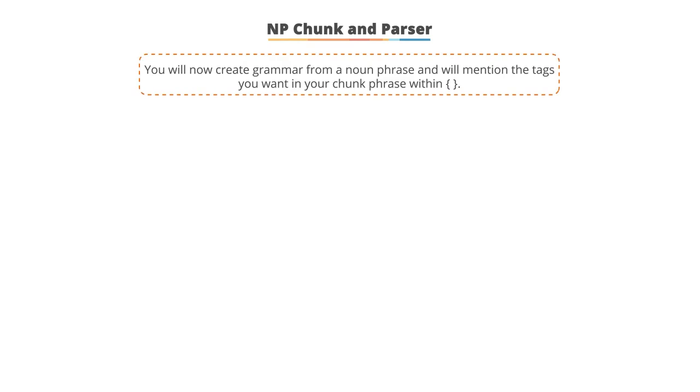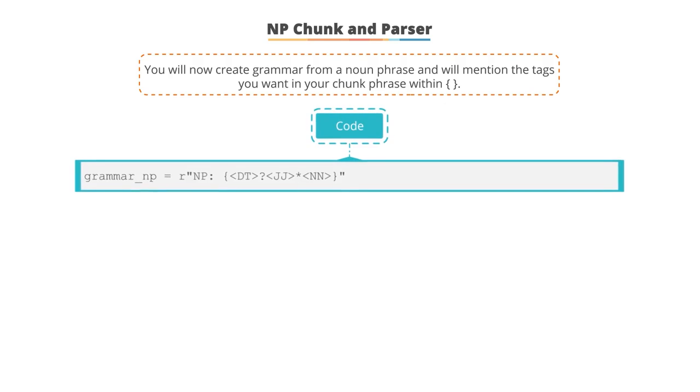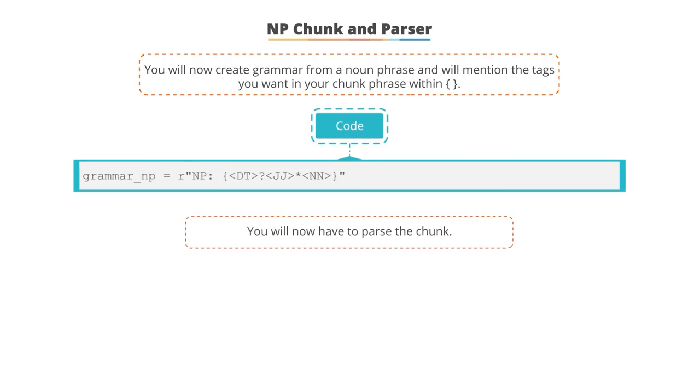You will now create grammar from a noun phrase and will mention the tags you want in your chunk phrase within the function. Here you have created a regular expression matching the string. The given regular expression indicates an optional determiner followed by an optional number of adjectives followed by a noun. You will now have to parse the chunk.